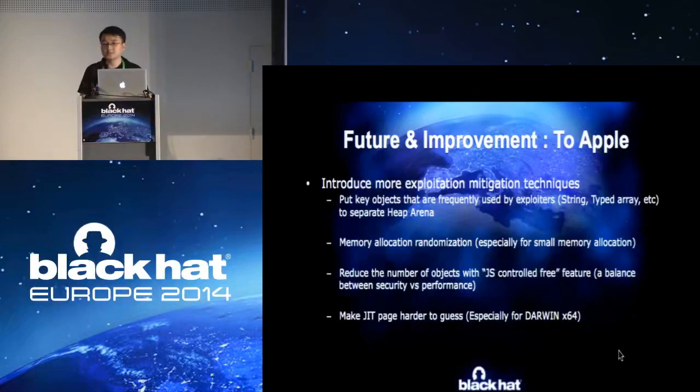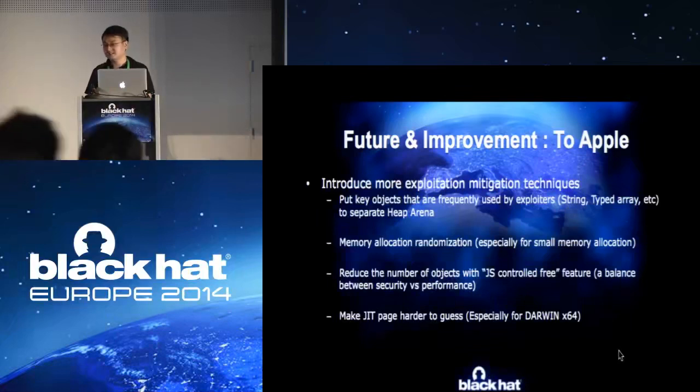And we also need to enable memory allocation randomization, especially for small allocations, because currently WebKit and JSC use tcmalloc, which is not quite random. If you allocate memory of a specific size, then the memory will be consecutive.